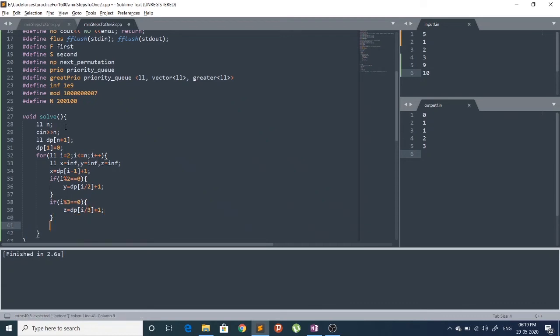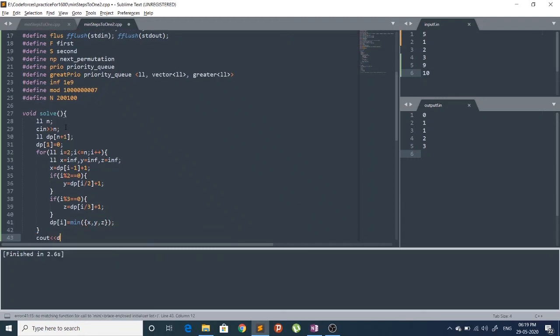Now let's update our dp of i, which will be minimum of x, y, and z, and at last we will just print our dp of n.